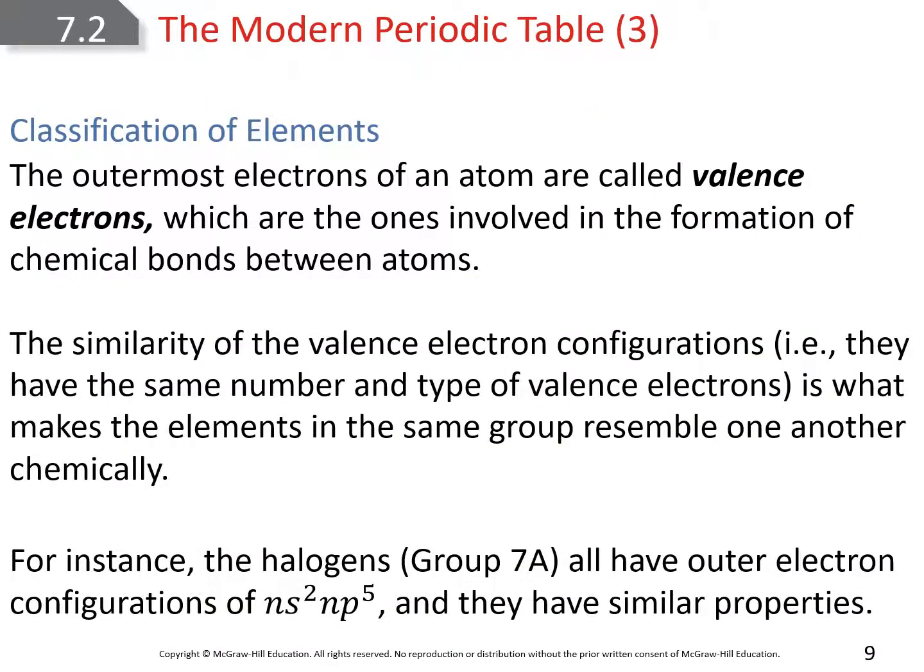So every single element has what we call valence electrons. These are the outermost electrons in the outermost shell of every single element.